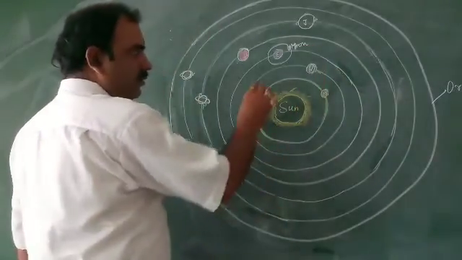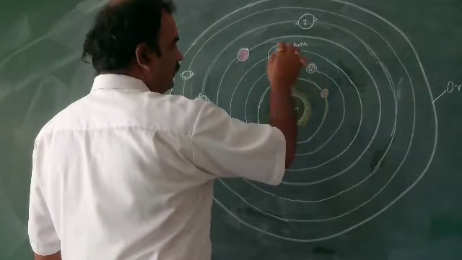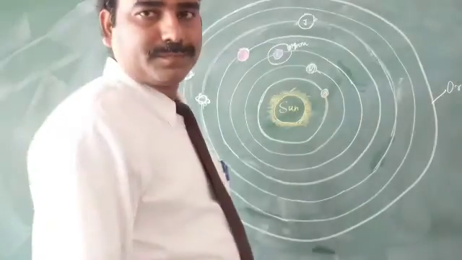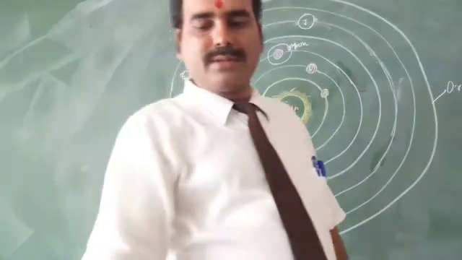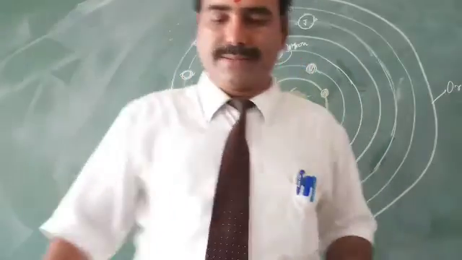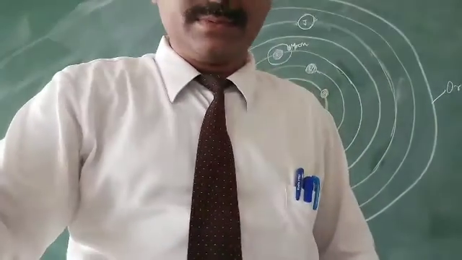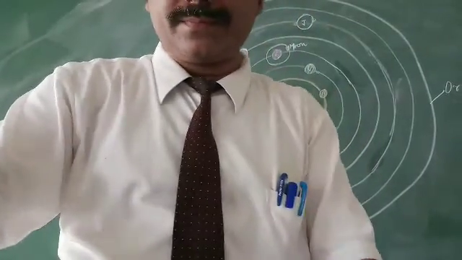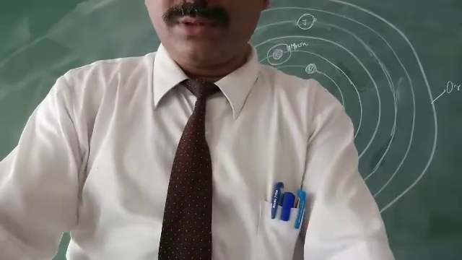The solar system consists of the sun, planets, stars, dust, etc. Other celestial bodies like asteroids, moons, dwarf planets, meteorites, comets, etc. are the part of the solar system.